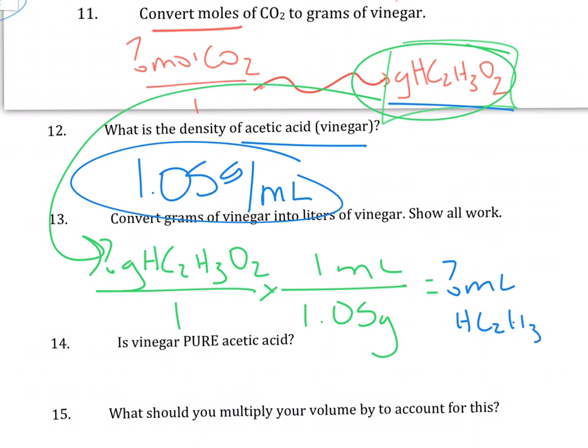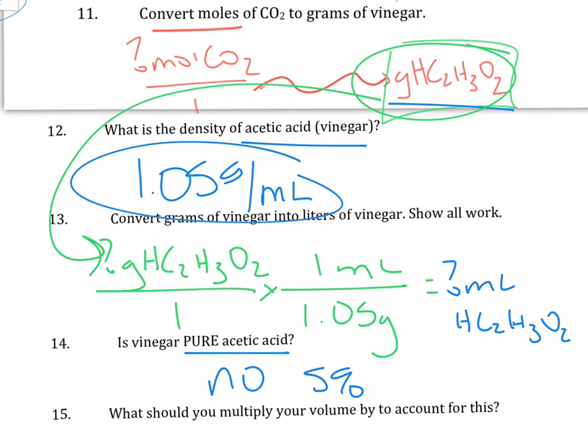But there's just one more problem. You might remember we mentioned this last time. Vinegar is not pure acetic acid. Basically meaning when you buy vinegar at the store, it's not pure acetic acid. It's actually only 5% acid. So here's the problem.